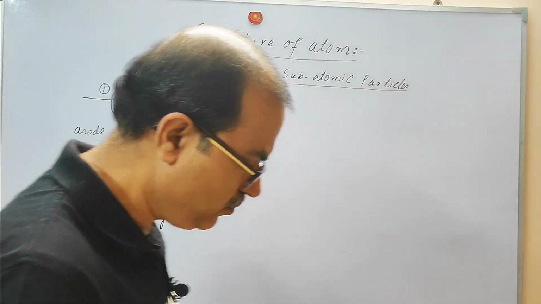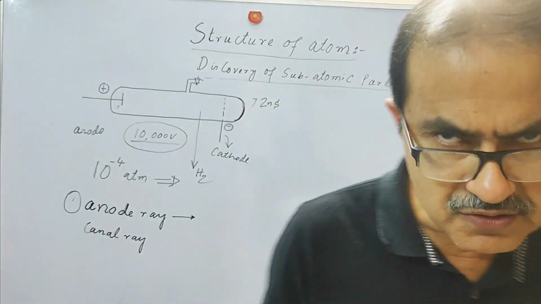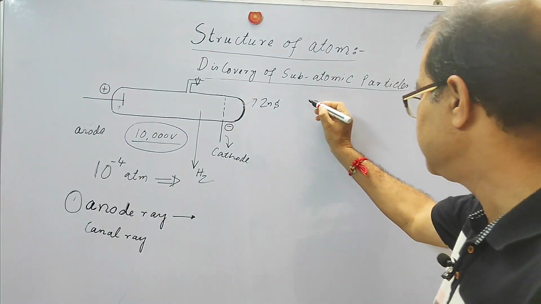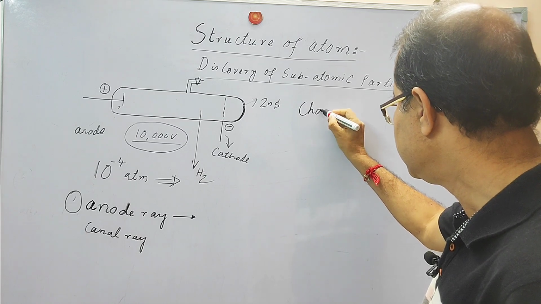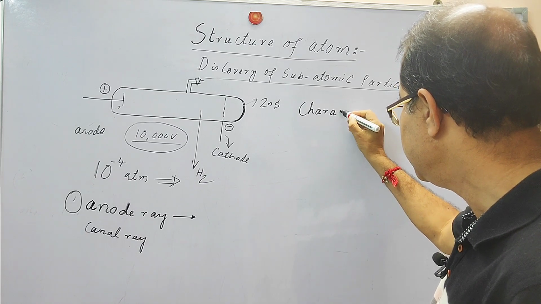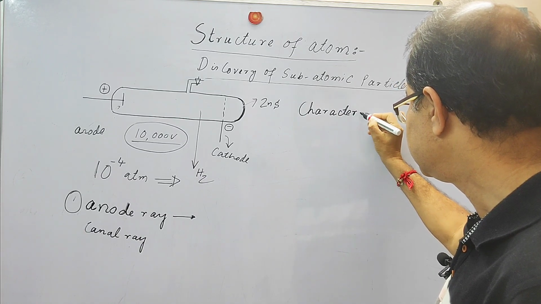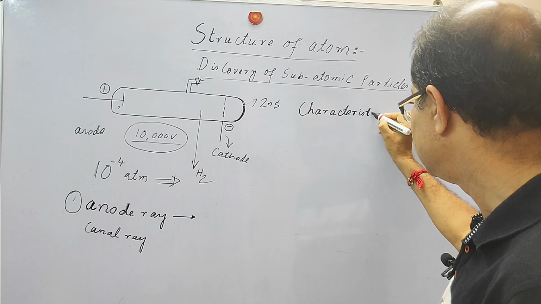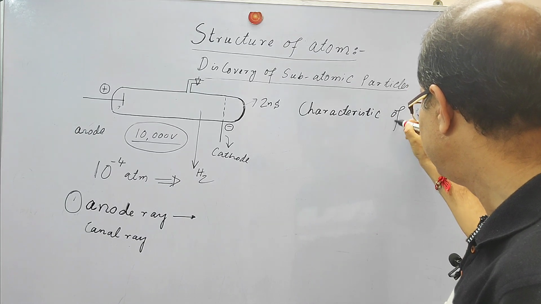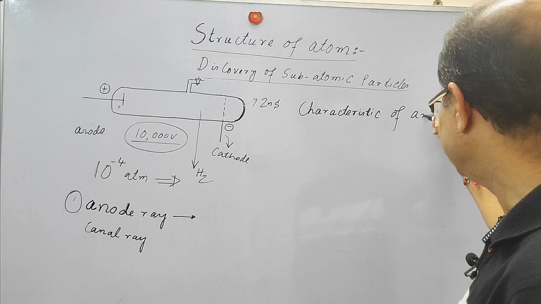And let us understand what the characteristics of this ray are, as we discussed in the case of the cathode ray. Characteristics of the anode ray.